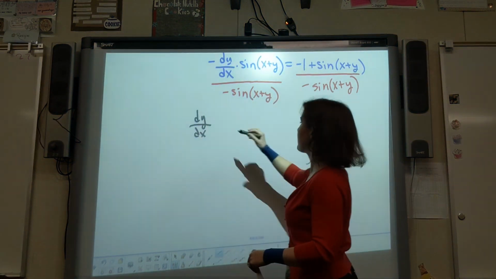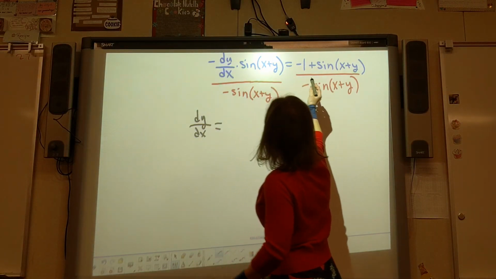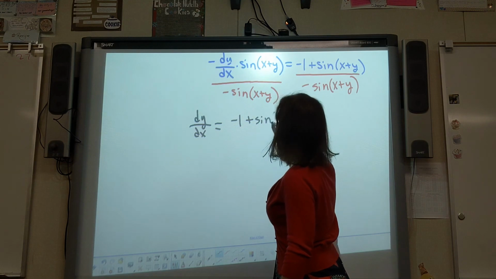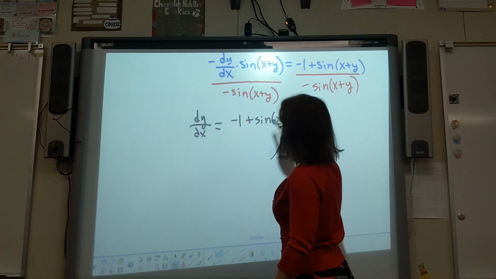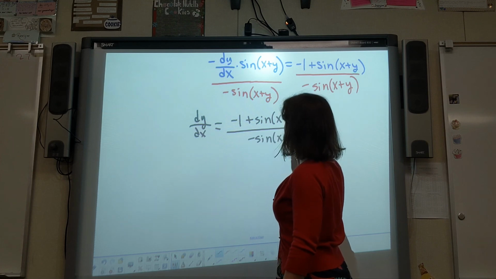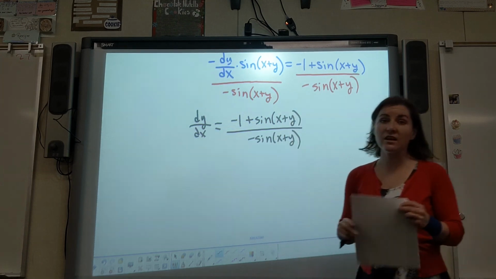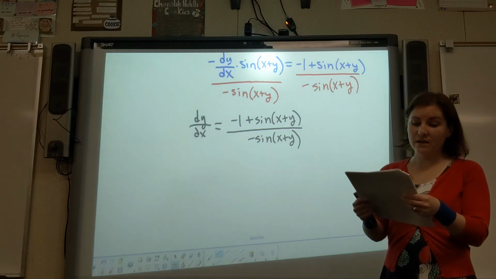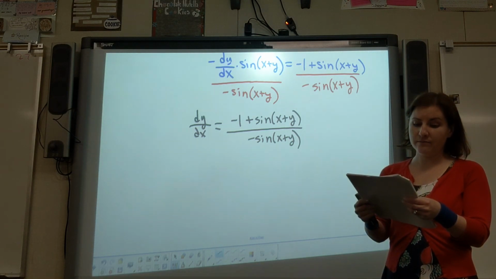Well, we have negative 1 plus the sine of x plus y divided by negative sine of x plus y. Let's take a look and see how we're doing. Wow, that is not an option for any of them. Delightful.